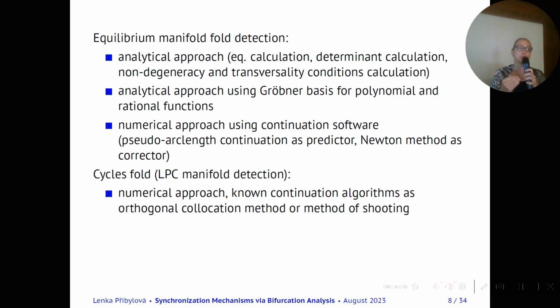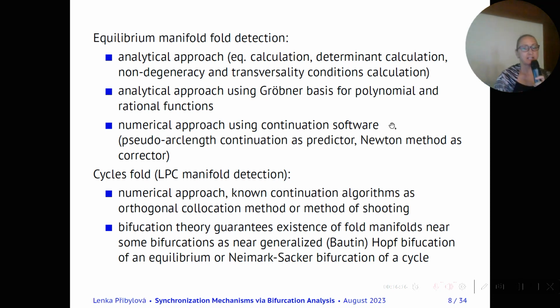And what is most important, there are 2-parametric bifurcations that guarantee the existence of these folds of cycles nearby. So we usually seek the so-called Neimark-Sacker bifurcation, find the resonances, and nearby we find the branches of the limit point of cycles. So this is the method, but it's too technical, I think.